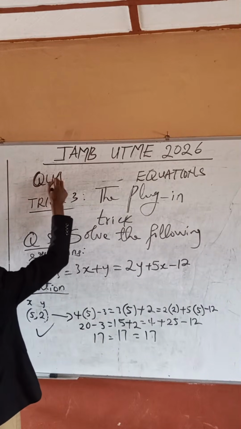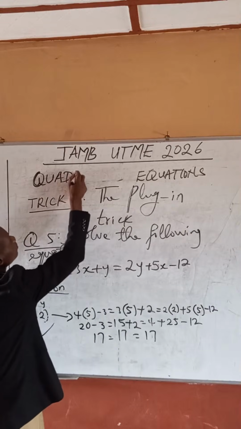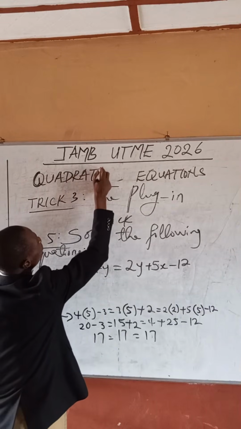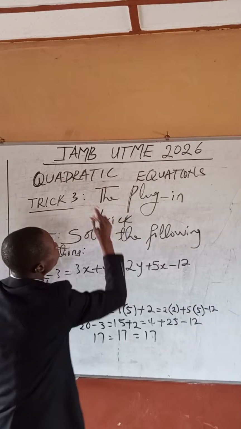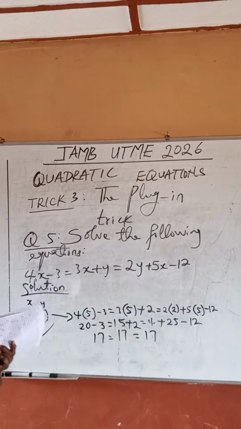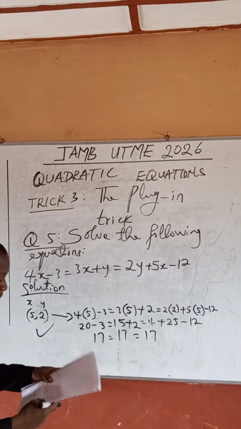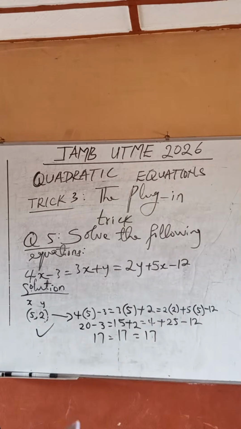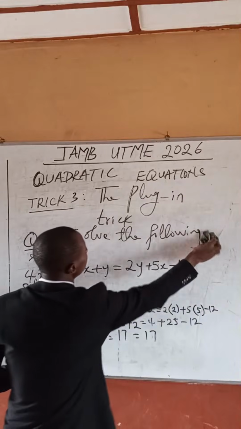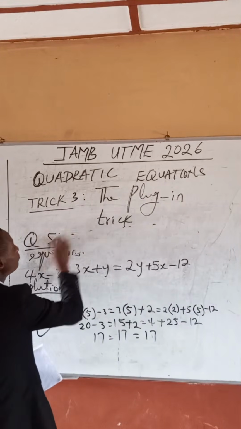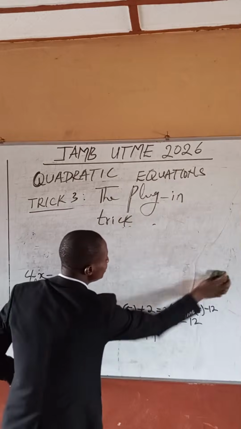So let's look at quadratic. What is a quadratic equation? A quadratic equation is an equation in which the highest power of the unknown is 2. That is a quadratic equation. So we are going to use the plug-in method. It is very easy.